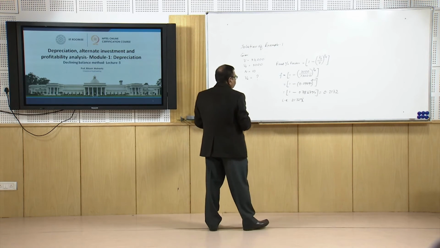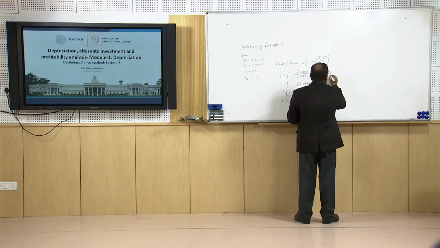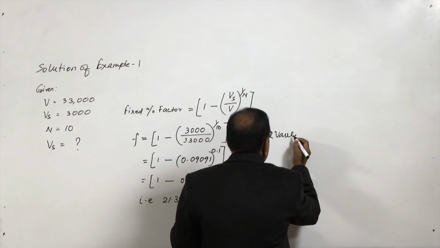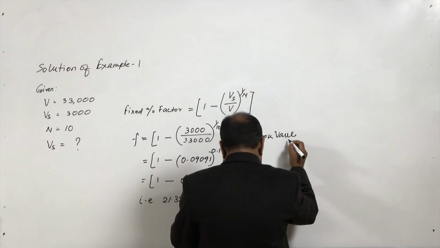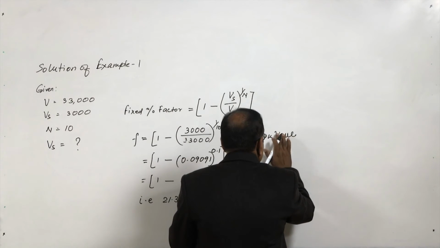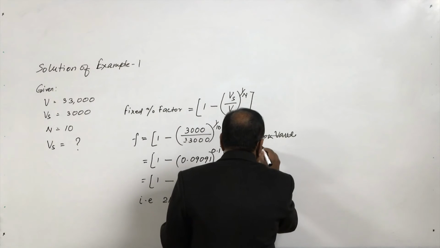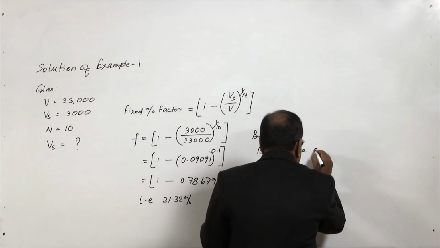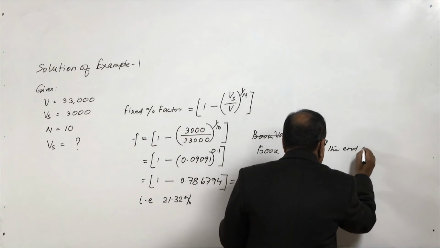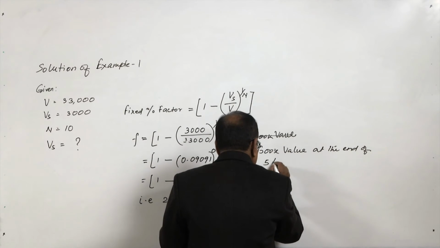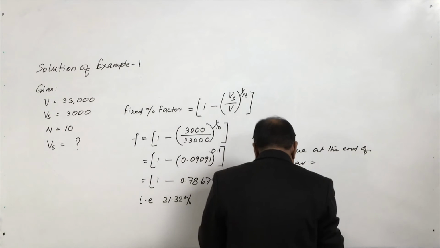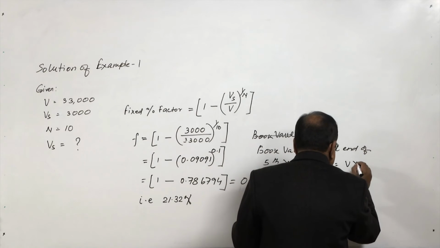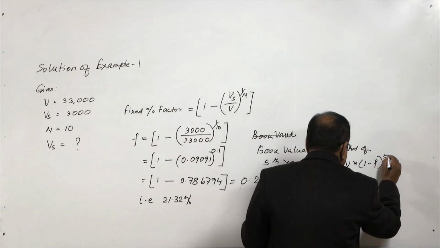Now we can calculate the book value. Book value at the end of 5th year, V5, is equal to V into (1 minus f) to the power 5.